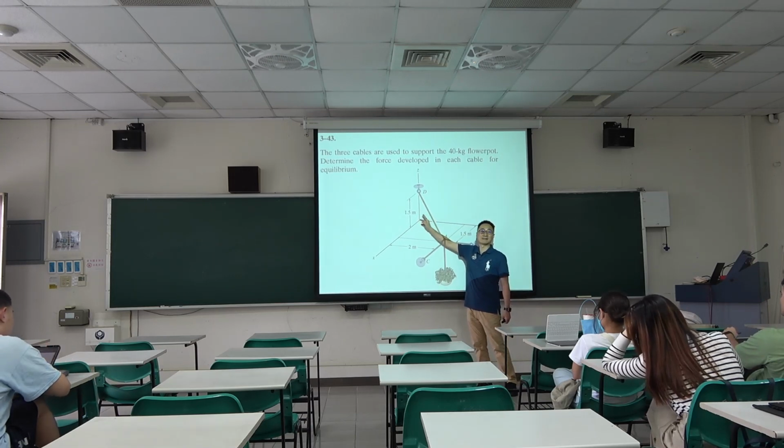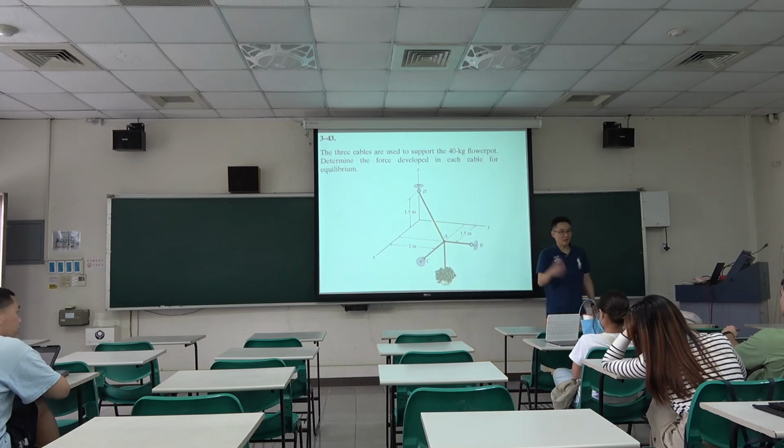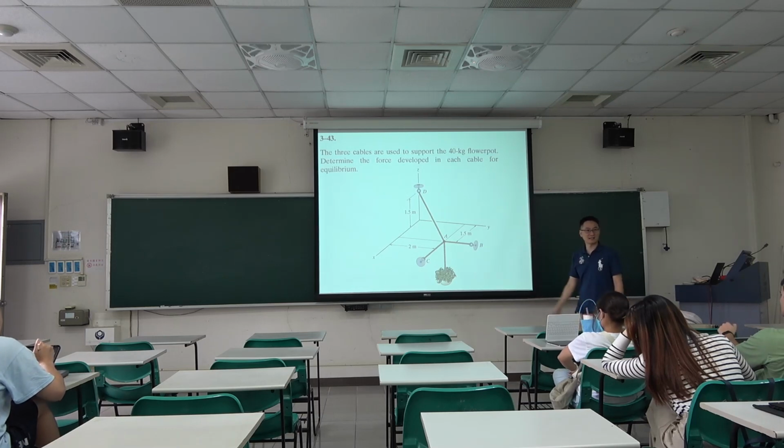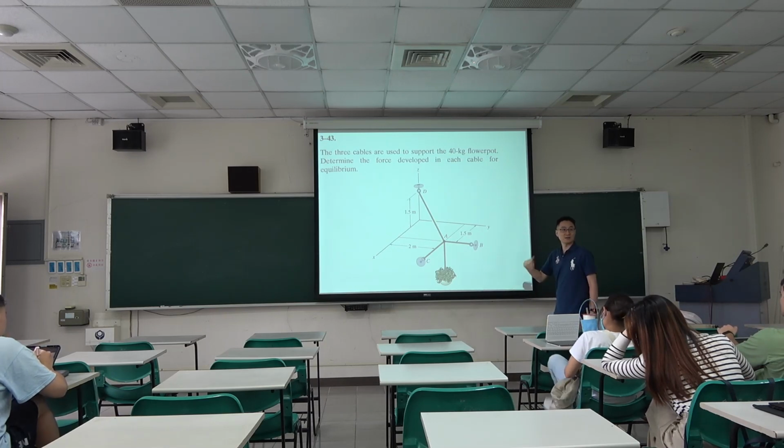So from observation, we can quickly solve the magnitude of each. Of course, if you want to represent using the Cartesian system, you should work out a unit vector for each direction.